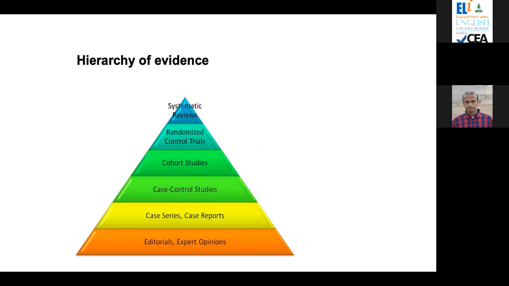For example, we take ELI as a case, or King Abdulaziz University as a case, and then the research is conducted on that. Then you see the case series, case reports, and editorials, expert opinion. This is basically the point where we start, and mostly expert opinions come first. People start discussing a particular issue.